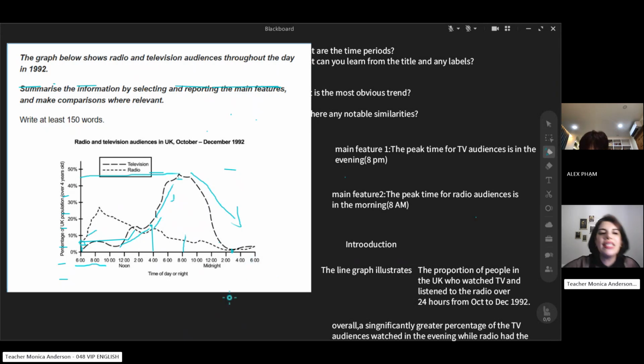So, as you can see, I divided. We have different times, but we don't need to mention all of them. The most important ones, when they are the same, for example, in this area I have the same trend, so I don't need to name them one by one. I divide my graph into different parts. The first part, the second part that is important.